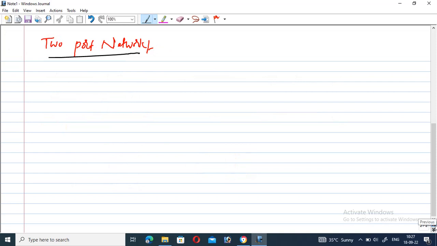Generally we know that a rectangular box represents the network. If this rectangular box consists of one pair of terminals, then it is called a one port network. Suppose the rectangular box consists of two pairs of terminals, that is generally called a two port network.